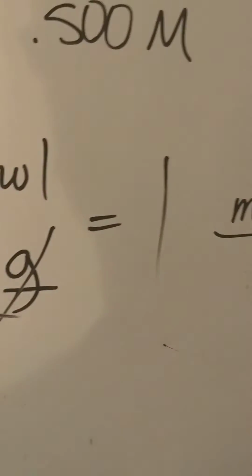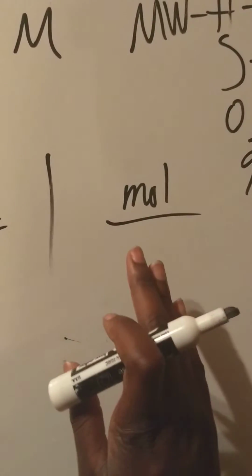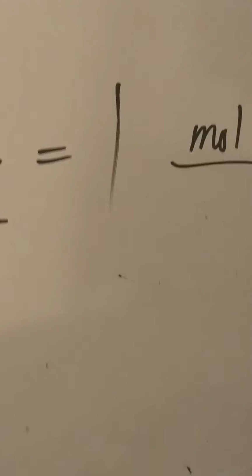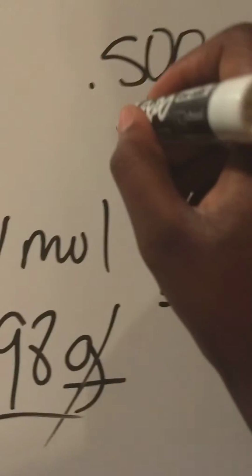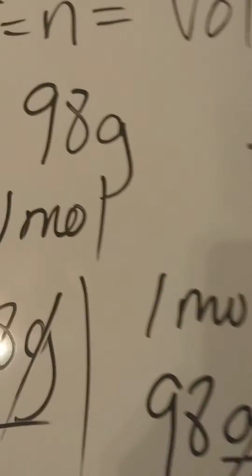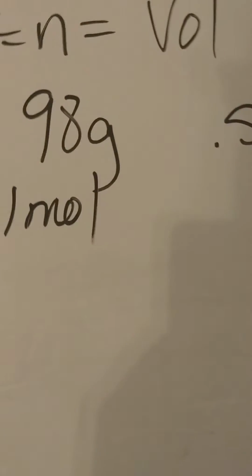So, for every 1 mole there is 98 grams, and we have 98 grams, which means that we have 1 mole to use to make this solution. Don't you just love it when things are simple? Because I certainly do. But will they stay simple for long? That is the question.